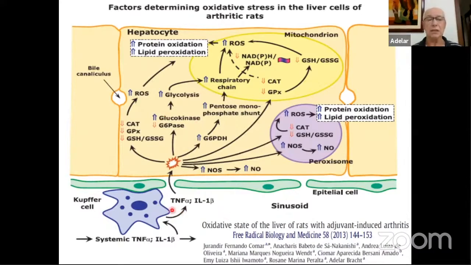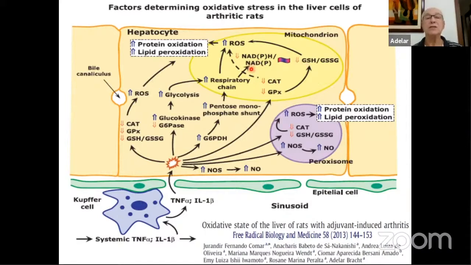As you can see, circulating cytokines induce several transformations, which include, for example, increased glycolysis because glucokinase is increased, decreased glucose 6-phosphatase, which is in line with decreased gluconeogenesis, decreases in the NADPH/NADP ratio, which is connected with the decrease in the GSH/GSSG ratio.